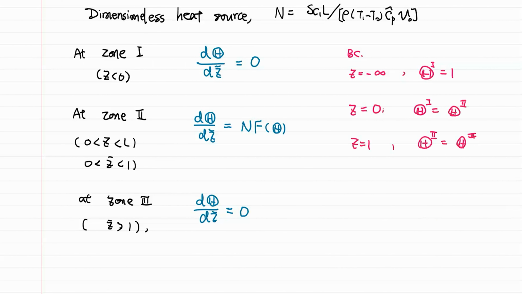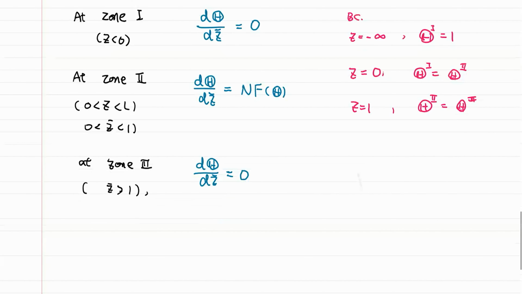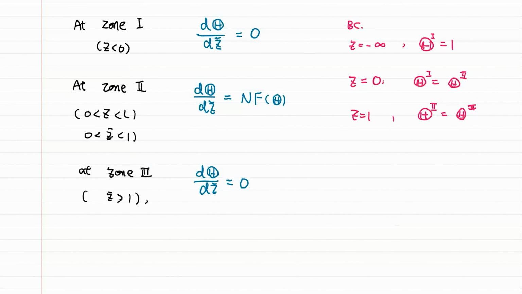Okay? So we're not going to solve everything for you, but just to show you how it's going to be done, we say that if the temperature in Zone 1 equals a constant C1, then we have the following conclusions.